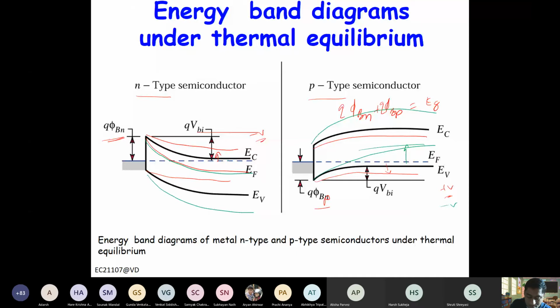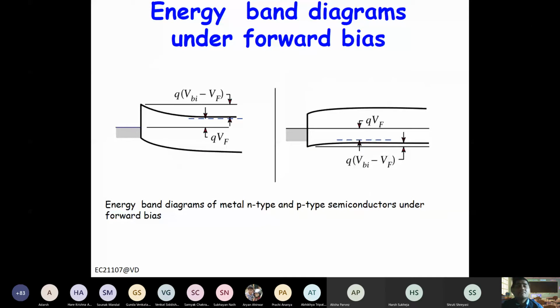Here the Fermi level will go down, so we will apply positive voltage here. So when n-type is connected to positive voltage, it is reverse bias. When p-type is connected to negative voltage, it is reverse bias. So you can see them here.